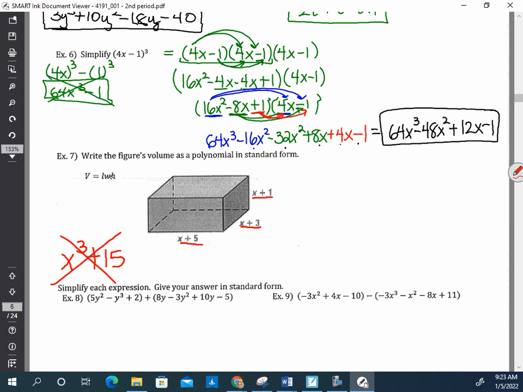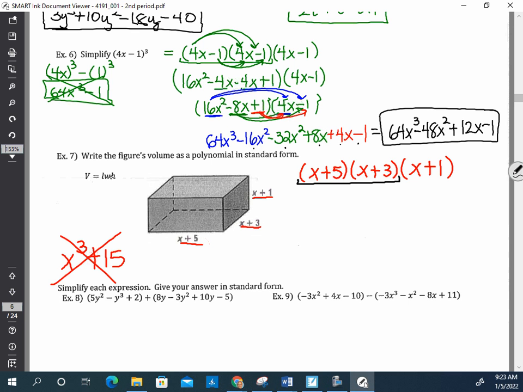The right way to do it is to set the problem up. So example 7 is no different than the one we just finished solving. It's just putting in the work to do it. So let's go ahead and do that.